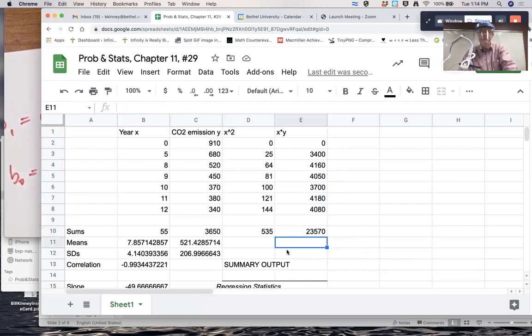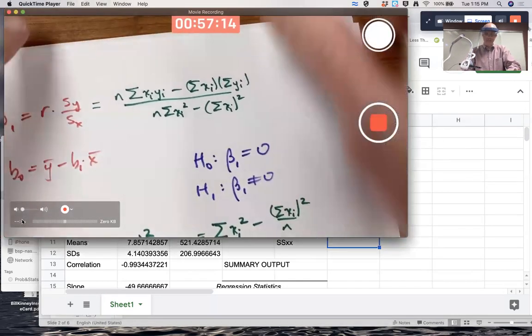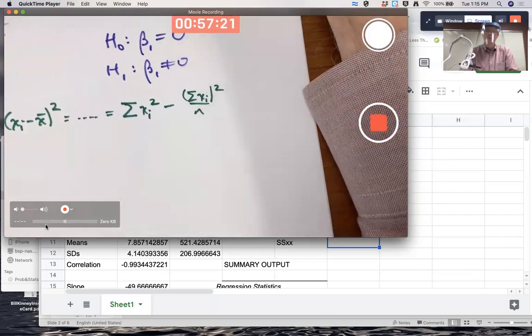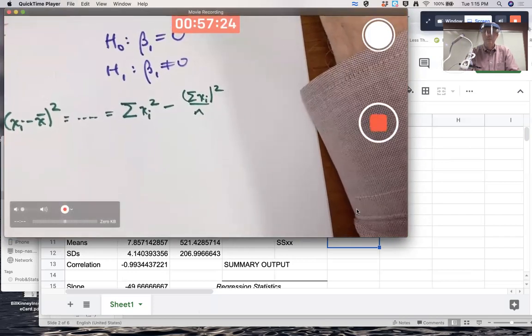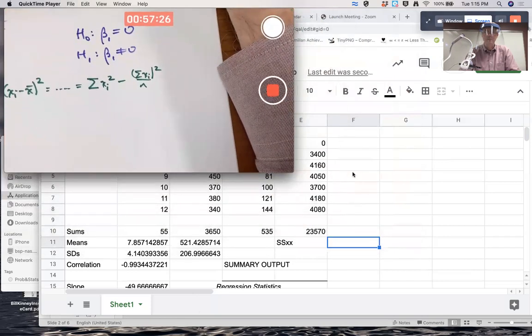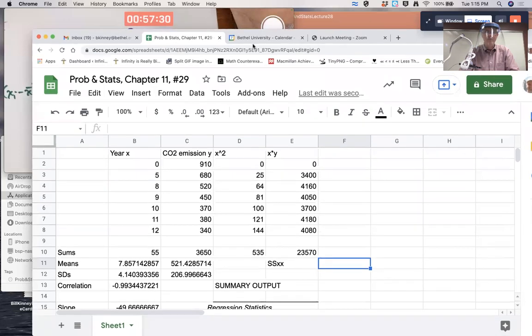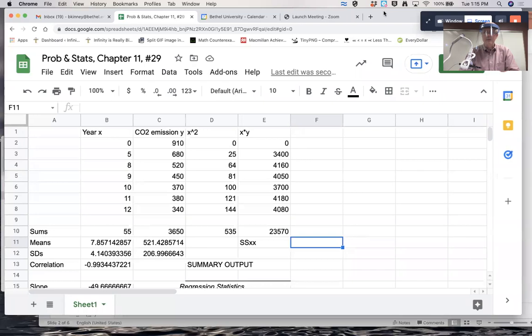What is SSxx, for example? What's its value? I need to do that. I guess I need to make this smaller.